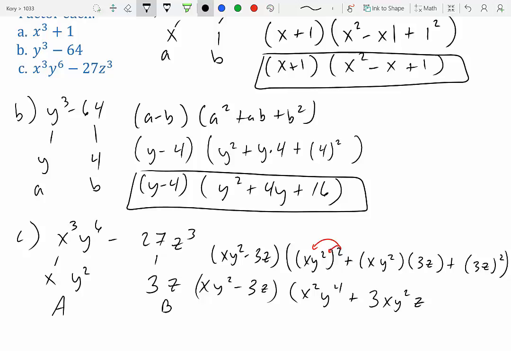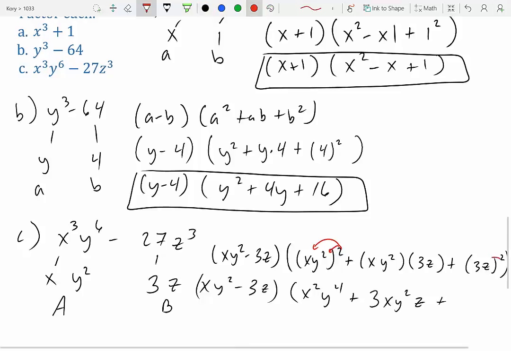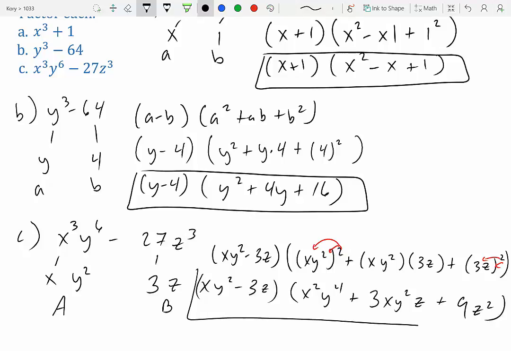It doesn't matter what order you put them in, but usually you want to put the number first and then alphabetical. And then we need to square 3z. So 3 squared is 9 and z squared is z squared. That was a mouthful.